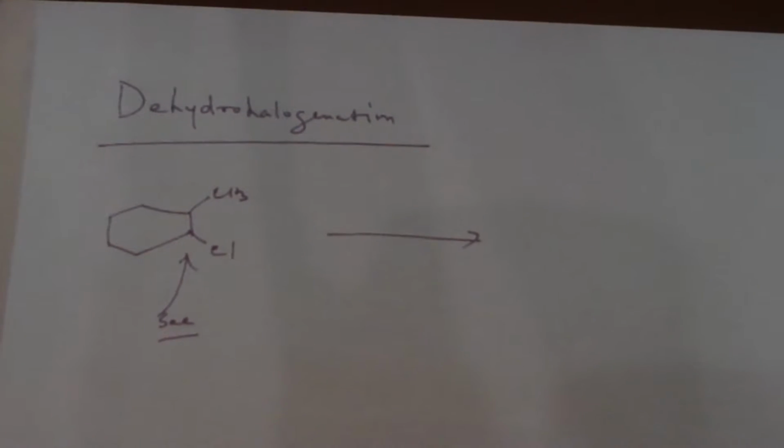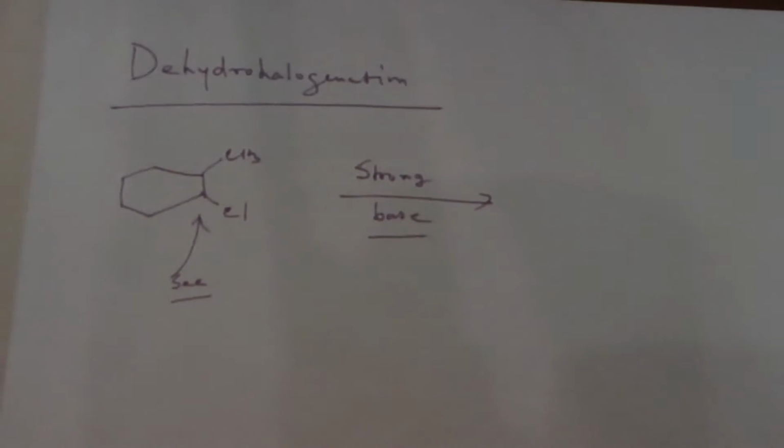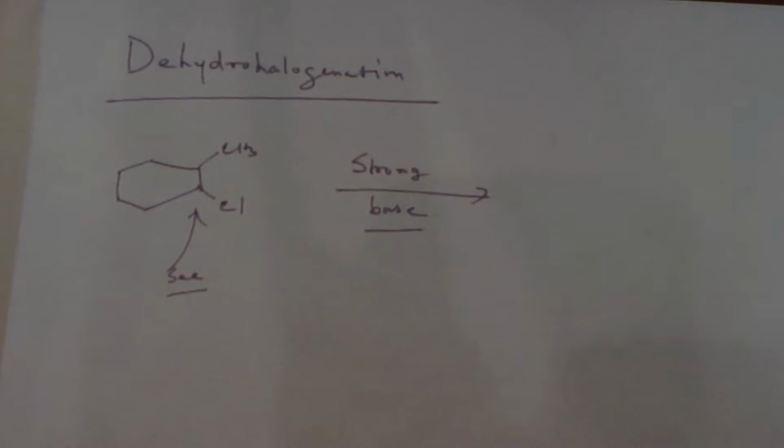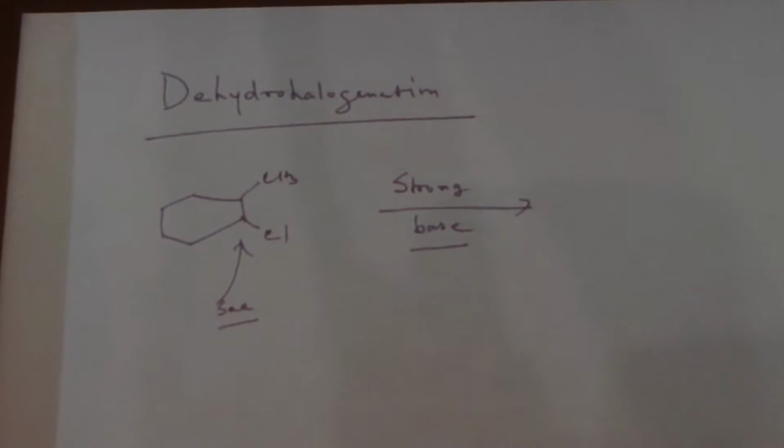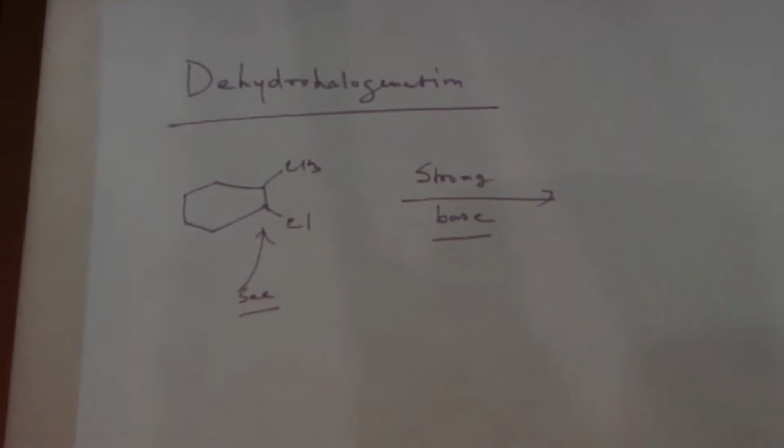And now what we need to do is use a strong base. Now typically the strong bases that we talk about in the organic reactions are alkoxides. So these are normally sodium or potassium alkoxide.